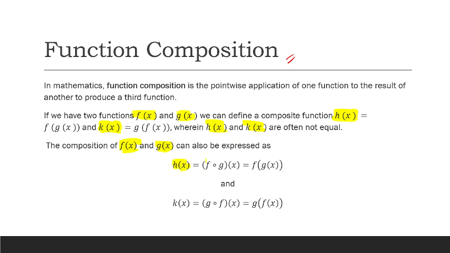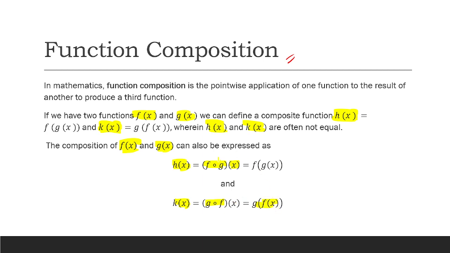So, h of x, tapos f, and then this operator na bilog. So, f of, ang ibig sabihin nito, kumbaga f, and then this operator g of x, this is also equivalent to f g of x. And for k of x naman, so it's g, this operator, f of x is equal to g f of x.